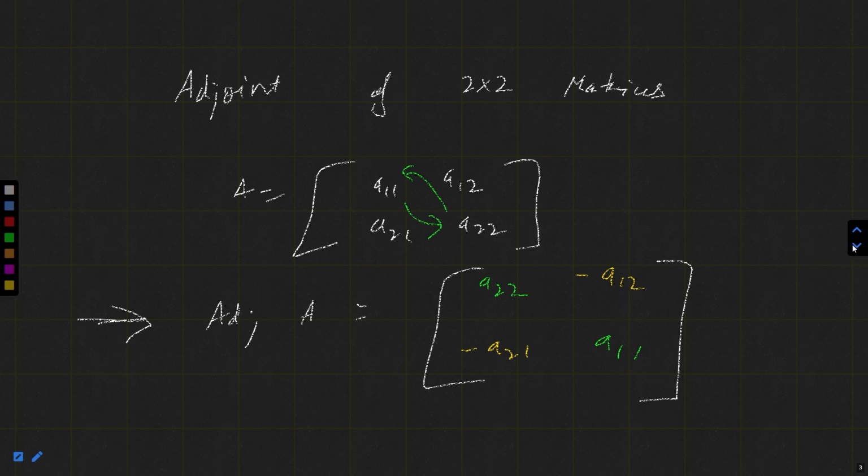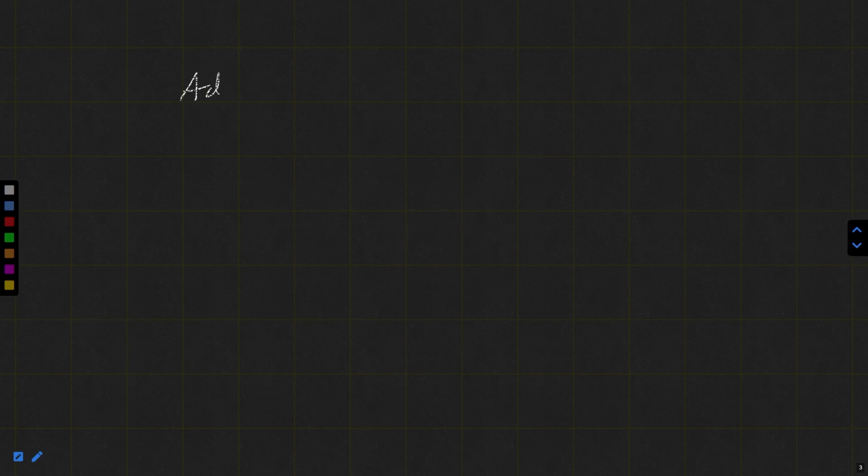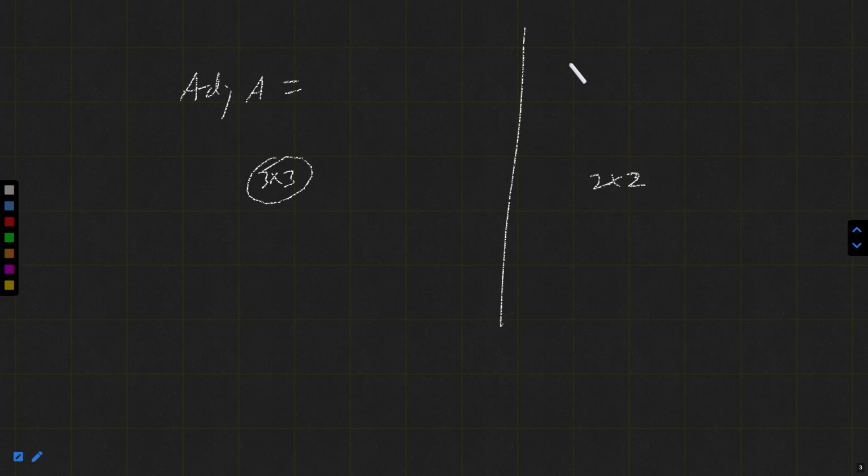In general, adjoint of A, in case of 3 cross 3 or in case of 2 cross 2 also, is just this: you first have to find the cofactors, and after finding these cofactors you have to transpose it.